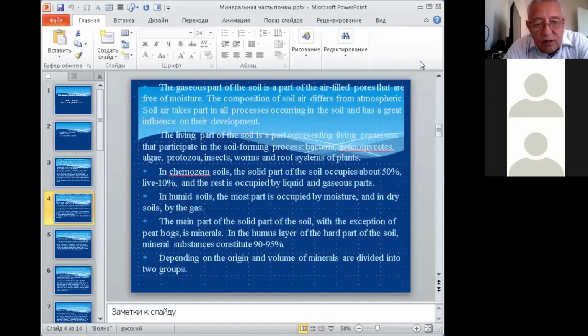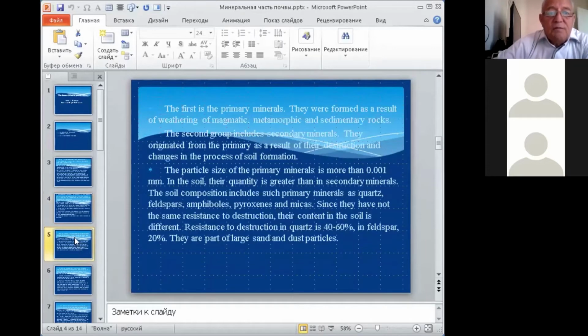Depending on origin and volume, minerals are divided into two groups. The first is the primary minerals. They were formed as a result of weathering of magmatic, metamorphic, and sedimentary rocks.